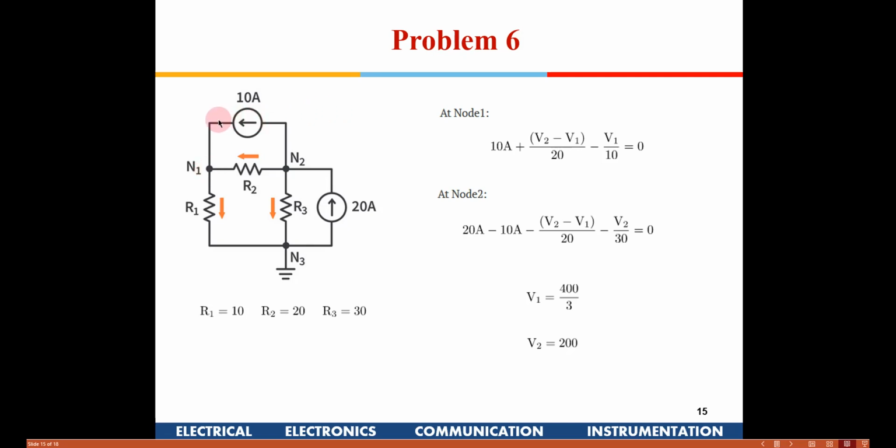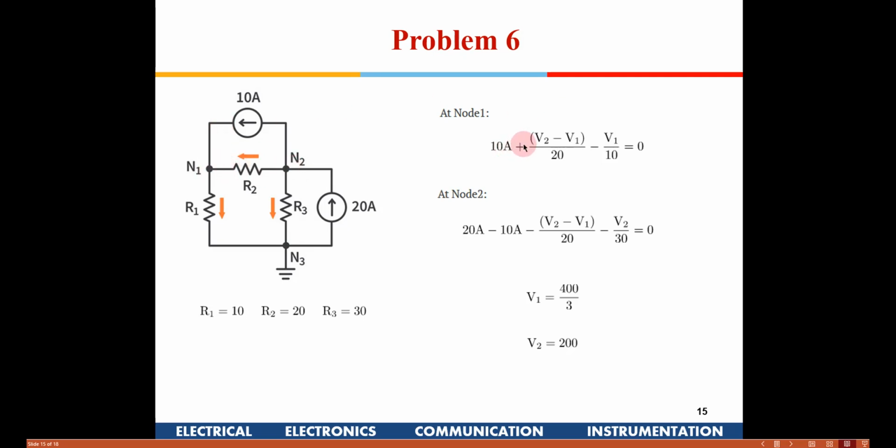If you see, a 10 amperes current is going to come into the node, and then there is the current which has to go out from the node. What is coming into the node, we write positive.